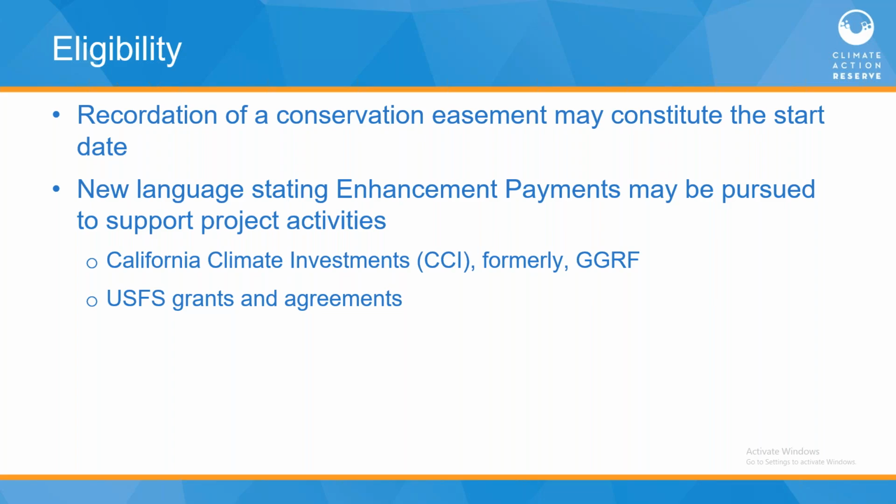We've also recently added in information stating that enhancement payments may be pursued to support project activities. This is consistent with language that we've added into the forest protocol and our grassland protocol.